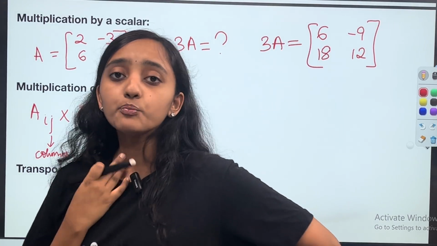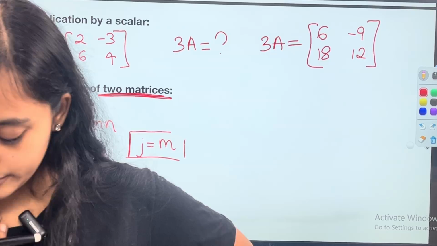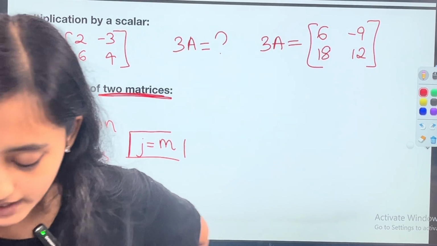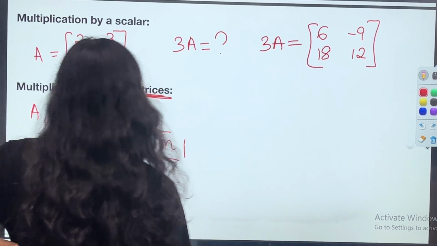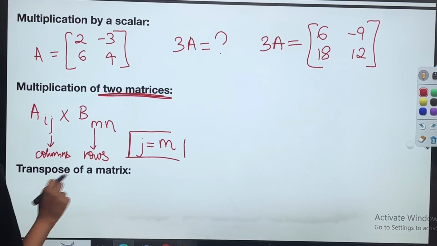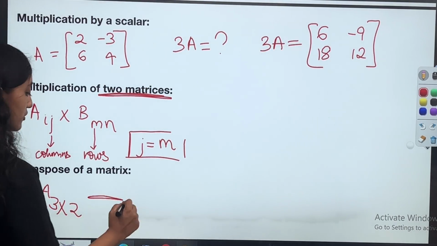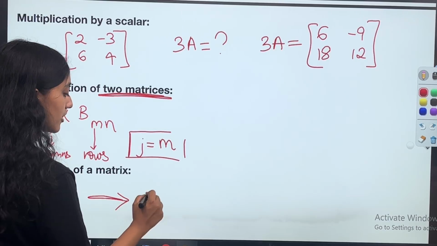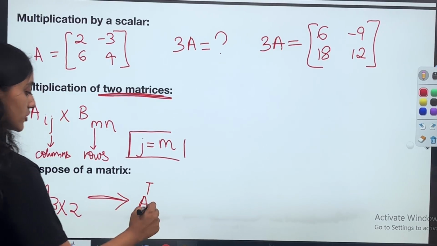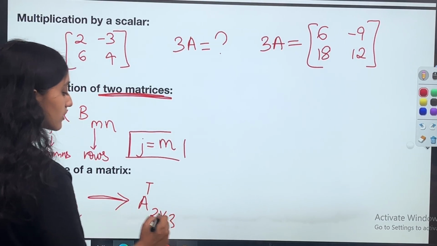Next, what do you mean by transposing a matrix? Suppose you have a matrix of order 3 into 2. When you transpose it, A to the power of t, known as A transpose, will have an order of 2 into 3.